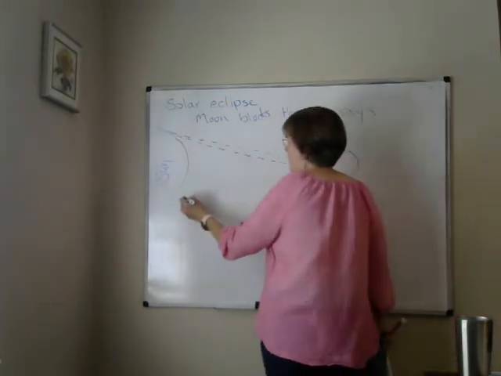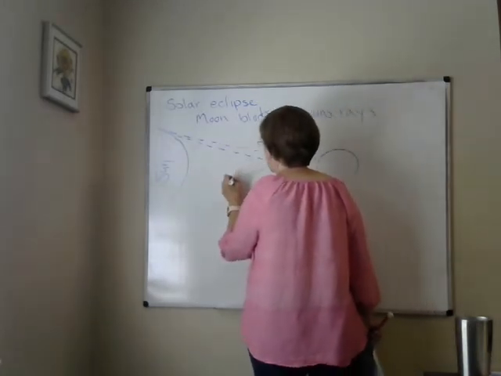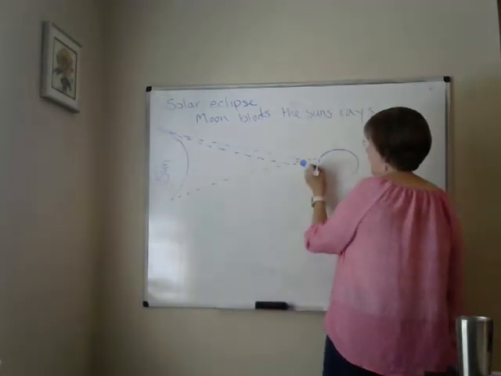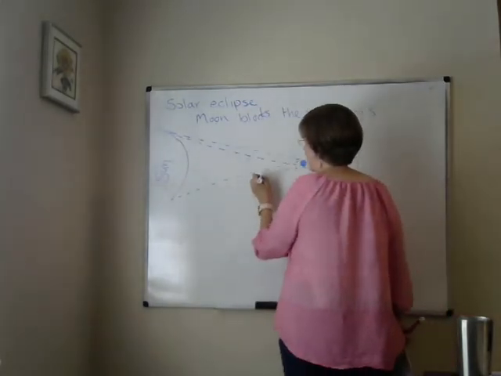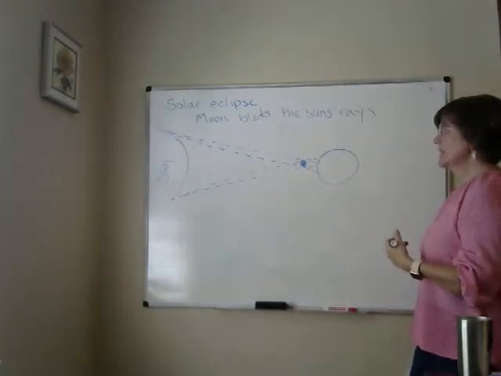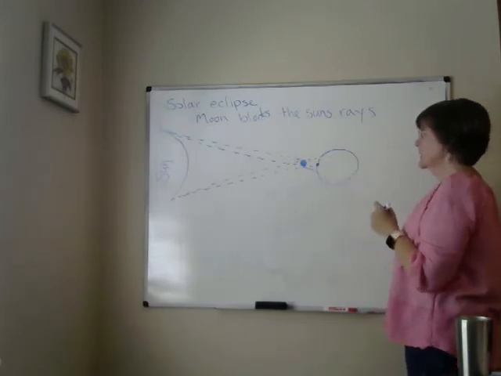But if we pick other points on the sun, there's the sun's rays. And there's the sun's rays. We're going to get that same idea of a fuzzy shadow on the edges. Right here, you're going to see a total solar eclipse.